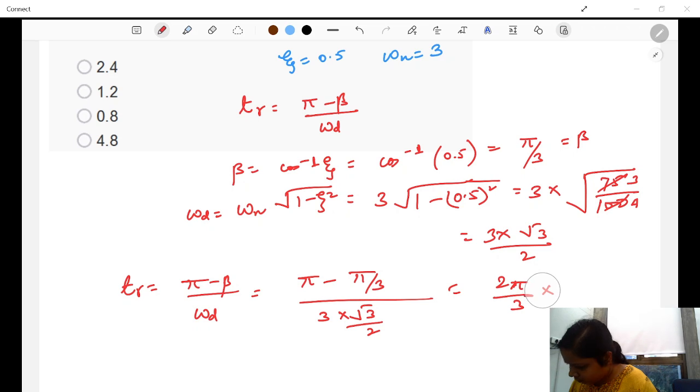It is going to be pi by omega d, right? It is 2 pi by 3 into 2 by 3 root 3, right? And check the value.